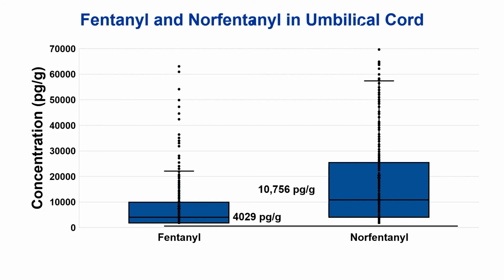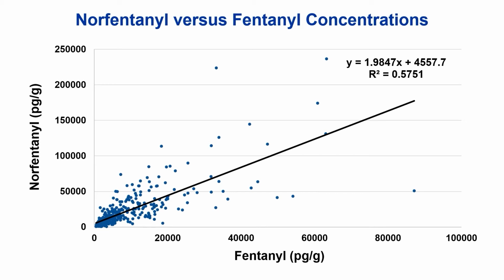The vast majority of our fentanyl positive specimens contained both fentanyl and norfentanyl as expected, and also as expected, when we compare those concentrations, there was a significant association between norfentanyl concentration and fentanyl concentration.